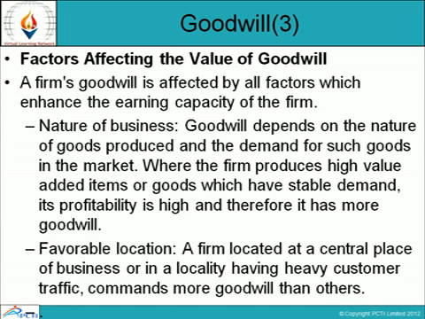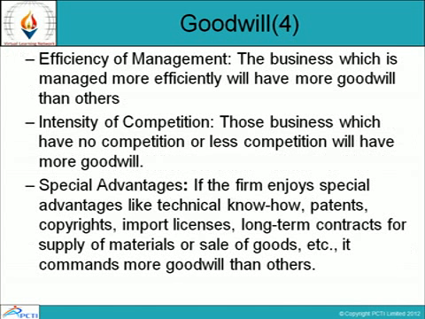A firm located at a central place of business or in a locality having heavy customer traffic commands more goodwill than others. Number 3, efficiency of management. The business which is managed more efficiently will have more goodwill than others. Next, intensity of competition.